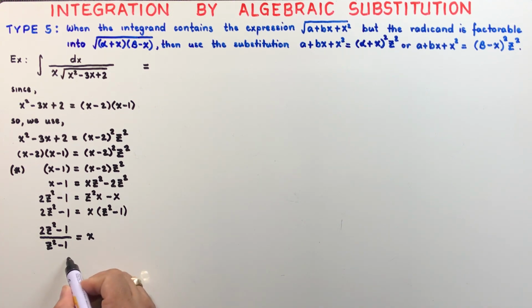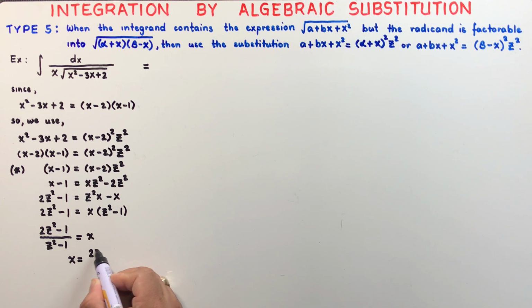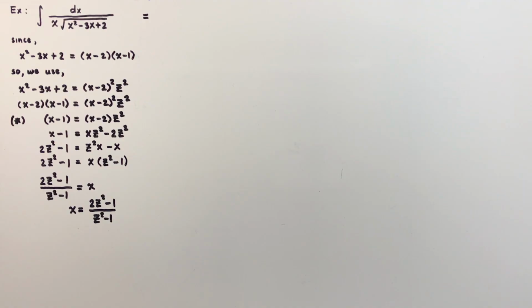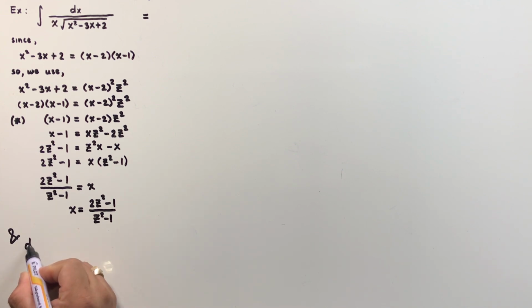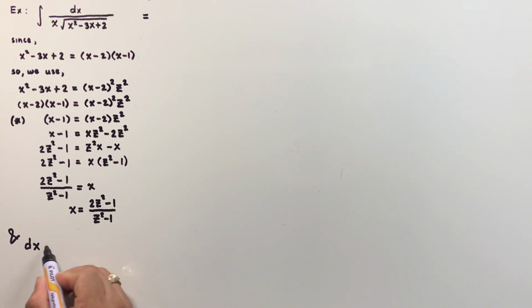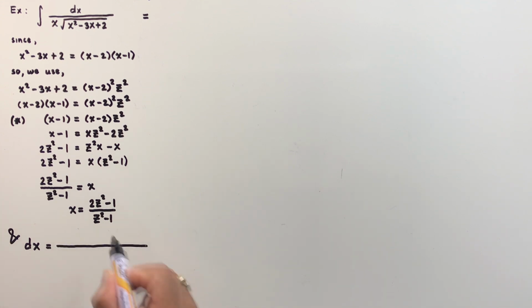Then therefore, we have the representation of x, which is 2 times z squared minus 1 over z squared minus 1. And since we have the representation for our x, then we can solve for our dx here. That our dx is the derivative of this quotient here. So we square this denominator here.